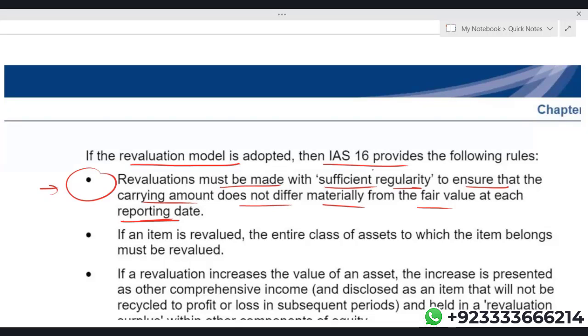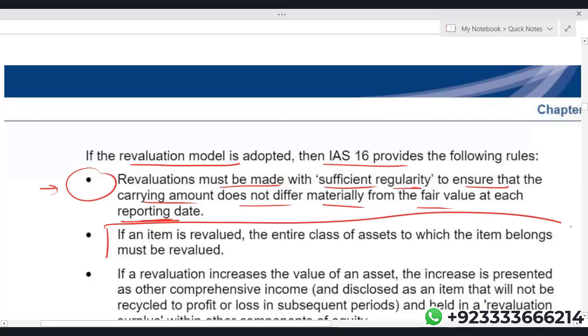If it is a liability which is carried at fair value, then on each reporting date, you have to simply revalue the fair value of that particular liability. So fair value model means on each reporting date, you have to see what is the fair value right now. But in case of revaluation model, revaluing the asset every year on each reporting date is not required.